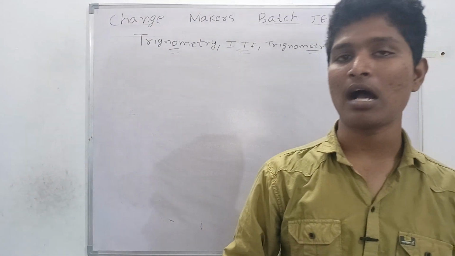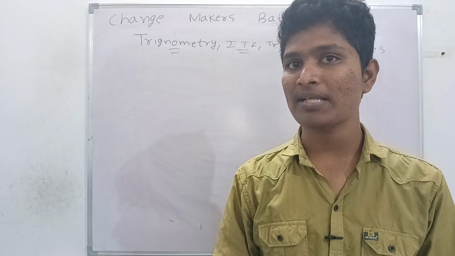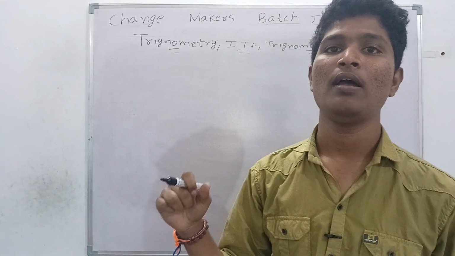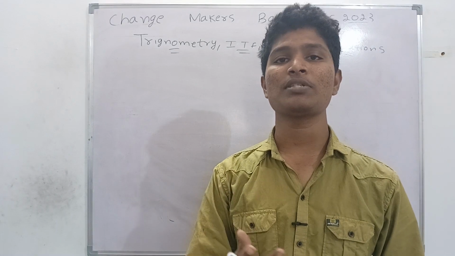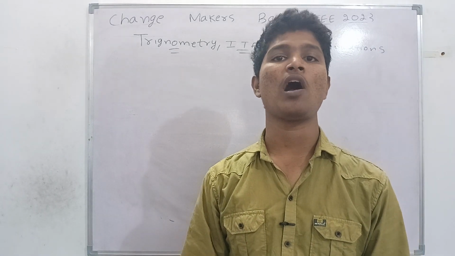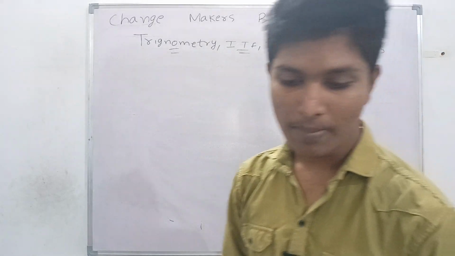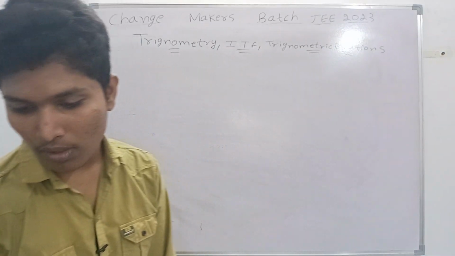Here I can't explain all the chapters, all the questions. There are thousands of questions. I can't explain thousands of questions here, but I can give a glimpse of the topics, and also a glimpse of the problems which may occur in future. So basically we can expect that. Now let's start.